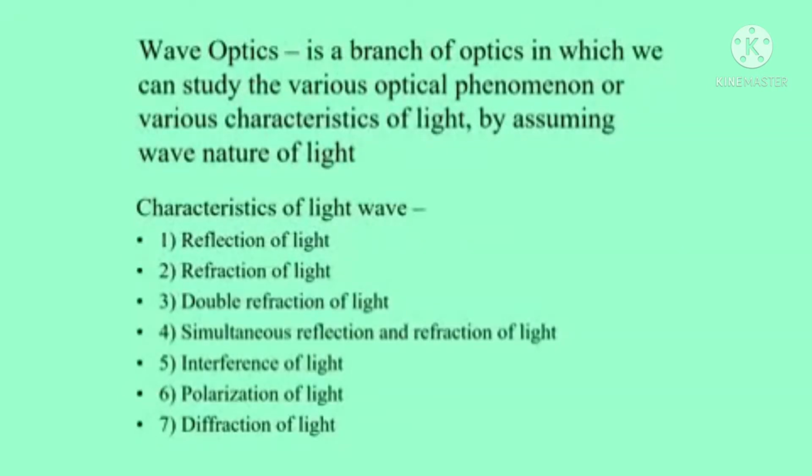That means one is reflection of light, second is refraction of light, double refraction of light, simultaneous reflection and refraction of light, interference of light, polarization of light, and diffraction of light. We can see all these characteristics one by one in other PPTs.